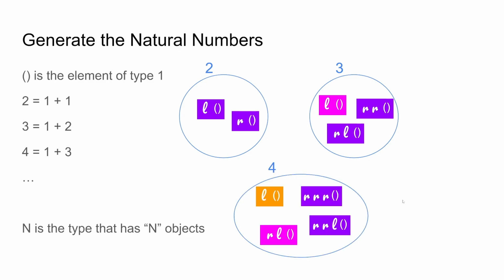Now, to do the number 4, you take all of the elements of 3 and you add a new one, the L of unit again, which is the orange one, and then for all the ones that were in 3, you prepend the label R to them. And if you keep repeating this, you can generate all of the natural numbers using this particular method.